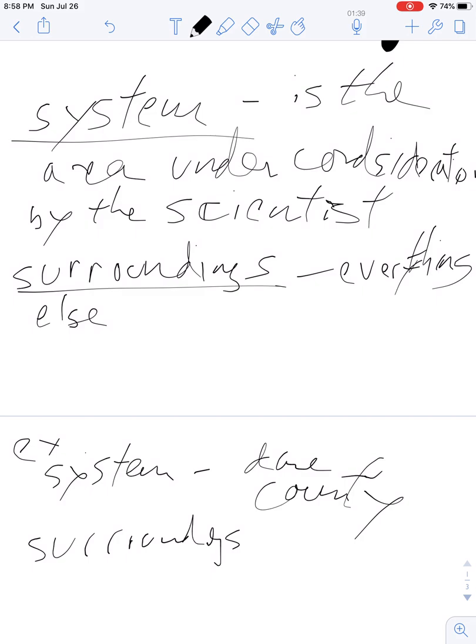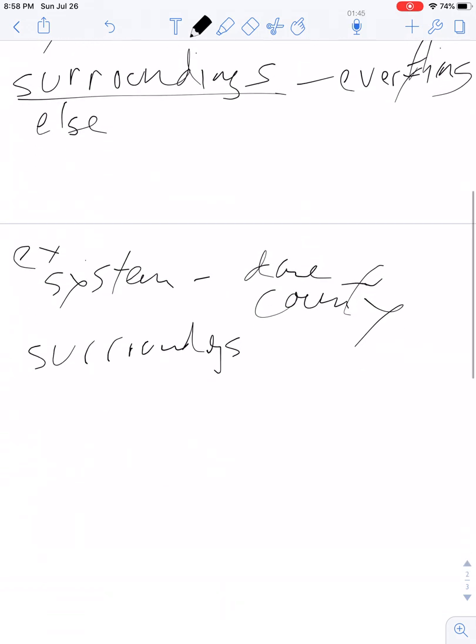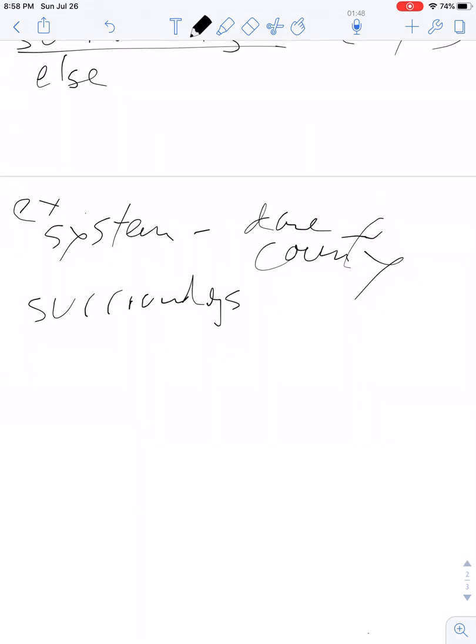All right? Now, maybe I'm not interested in just Dane County. Maybe I'm interested in the deer population of the state of Wisconsin. In that case, my system would be Wisconsin, and the surroundings would be the rest of the country. Okay? So the scientist gets to determine what is the system.